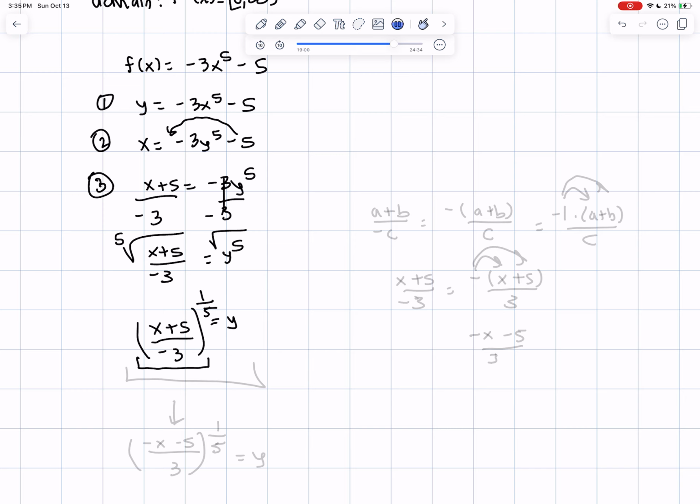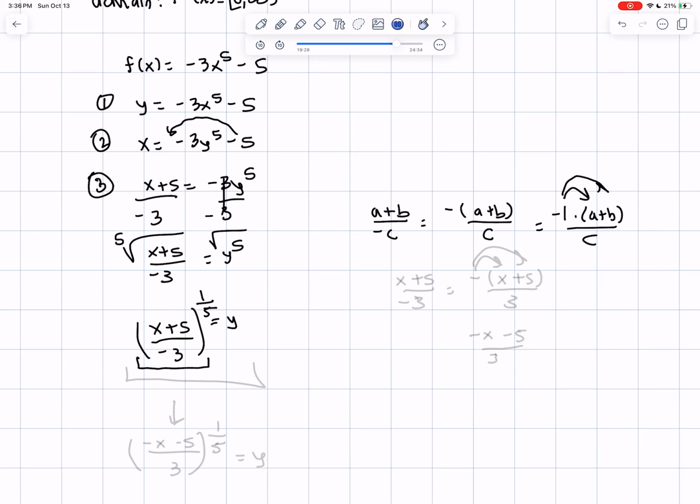So factoring out, we want to factor out the negative on the bottom. So if I do this example, a plus b over negative c equals, now we're going to move that negative to the top. That means that negative gets distributed into the a plus b.